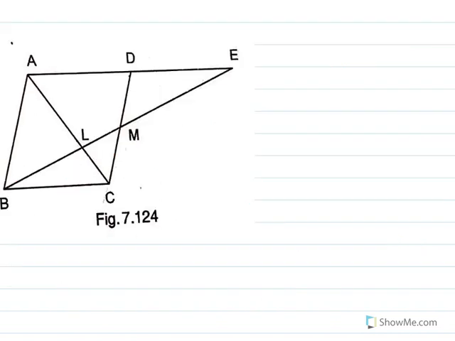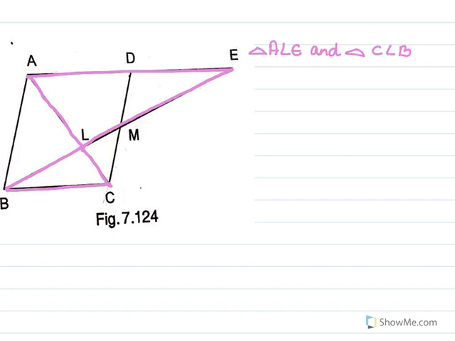In the next step, we will take triangle AEL and triangle LBC and prove that they are similar. So let's go ahead and prove these two triangles are similar.